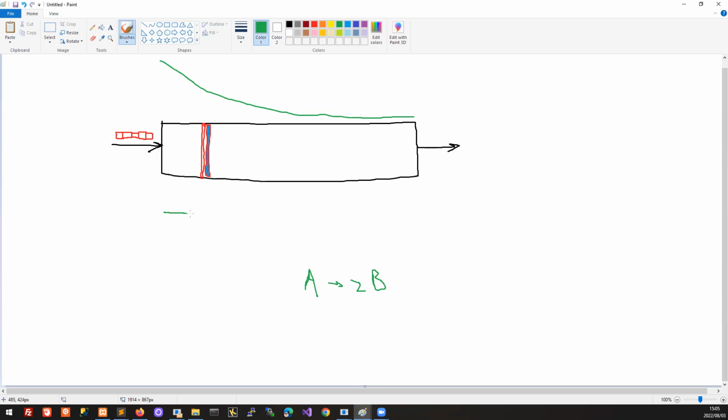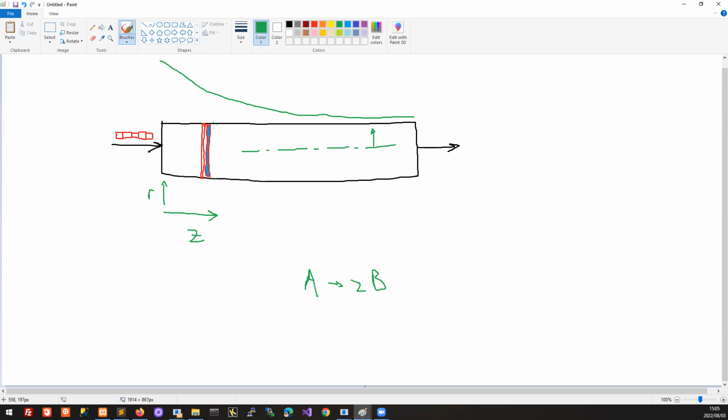Our concentration changes in the Z direction, but it's not changing in the R direction, right? We can imagine a center line for this tube. So if we look across the center line, we are saying that in this direction, there's no change, right?